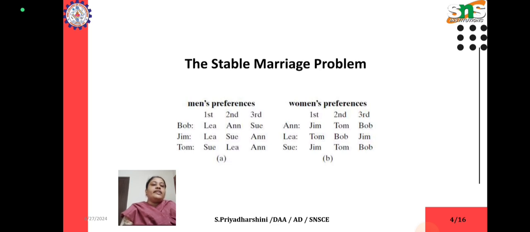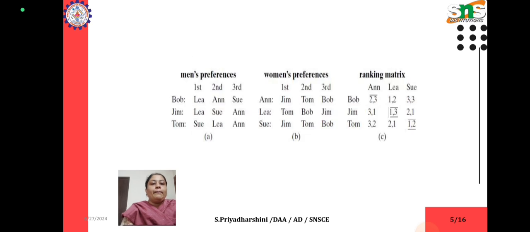So let us see with an example. Here the men's preference is given. The men are Bob, Jim and Tom, and the women are Anne, Lee, Shu. So by using the Gale-Shapley algorithm, first of all we have to find the ranking matrix.